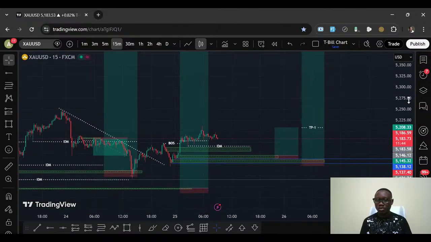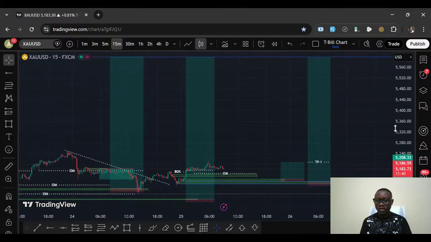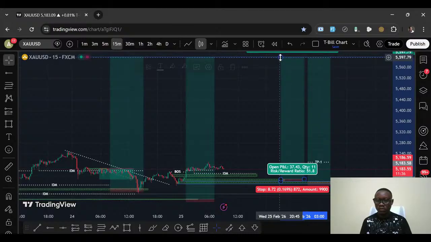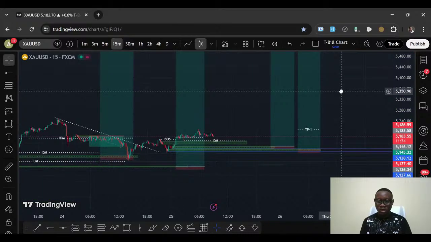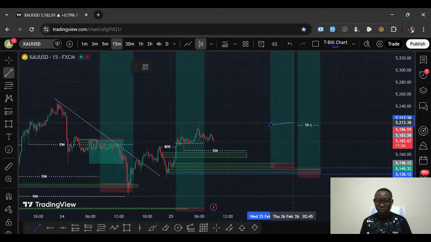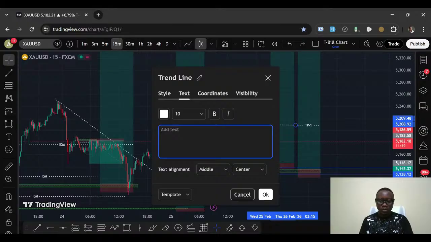And our full TP would be right here. So this is our full TP. And here's our TP1 right here.